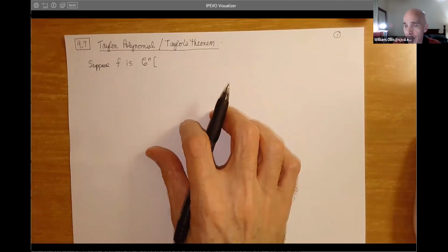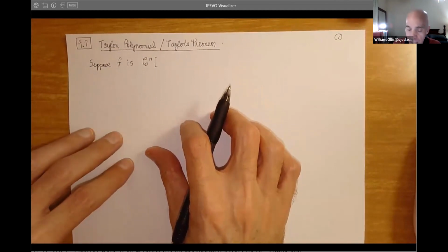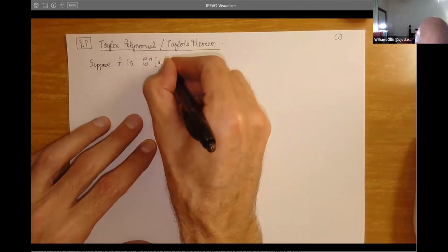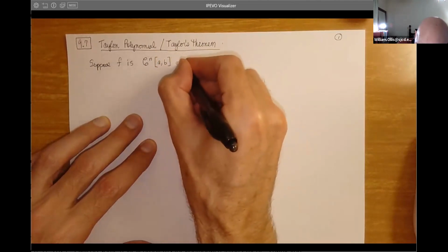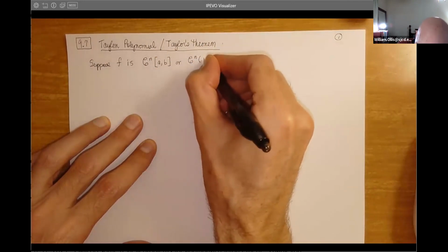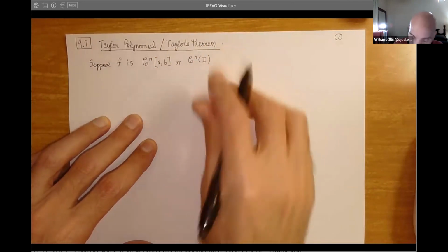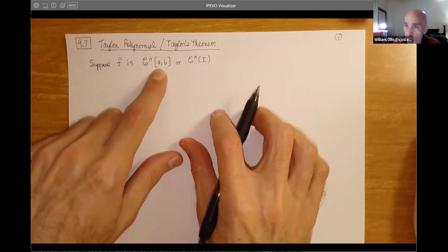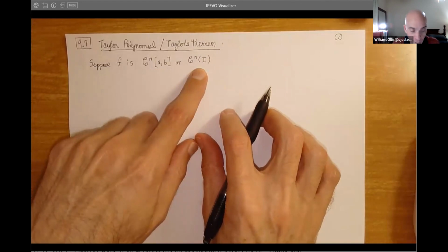And then we're going to actually add another hypothesis when we state Taylor's theorem. So maybe we have an interval a to b, or maybe we just have the interval I. And sometimes we'll write it this way. So this will mean continuous derivatives through order n on the interval [a, b] or the interval I.